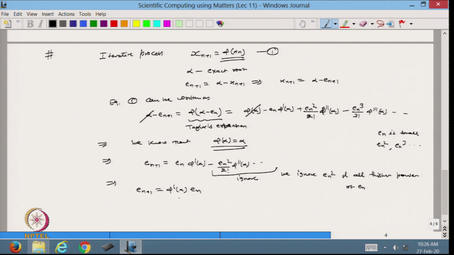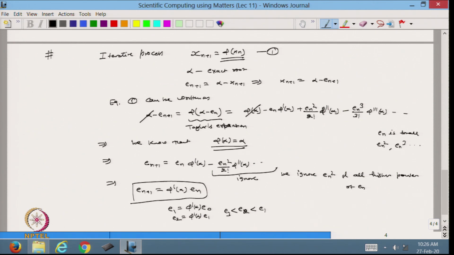Now, if you remember, this is the way we have written the order of convergence. Now, in this case what is happening? Suppose I start with E0 and then I multiply by phi dash alpha and then I get E1. Then with phi dash alpha again I get E2. I want that my E2 should be much less than E1, then E3.